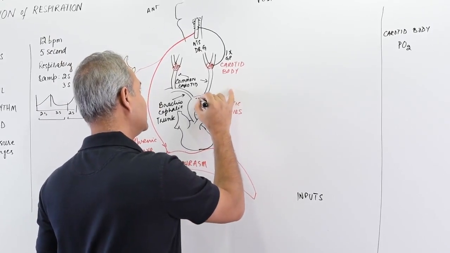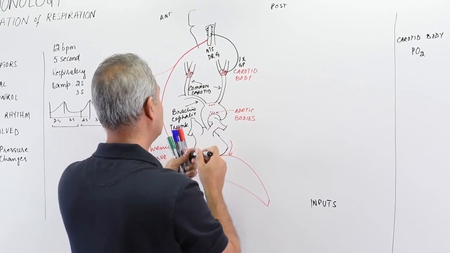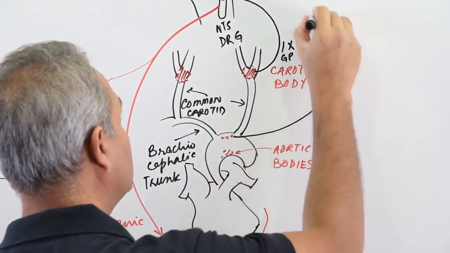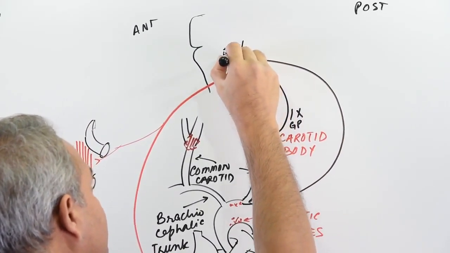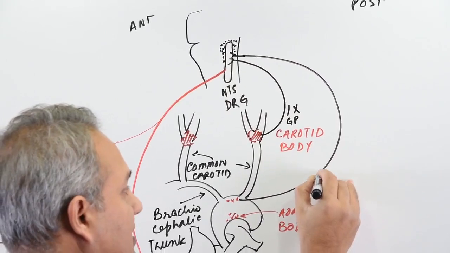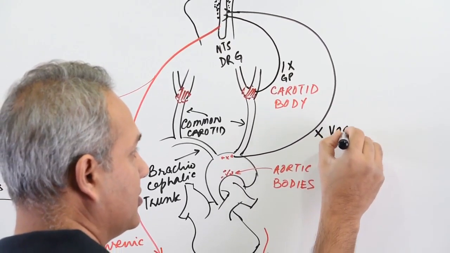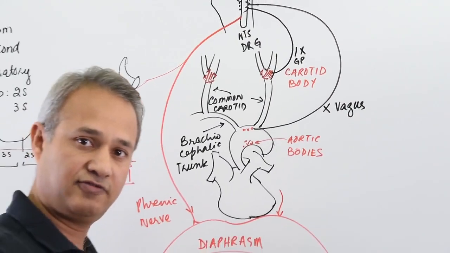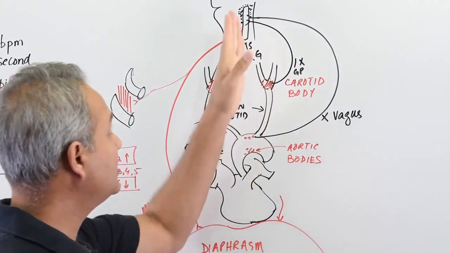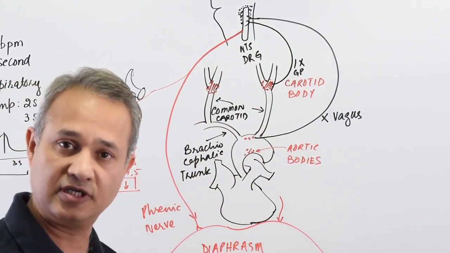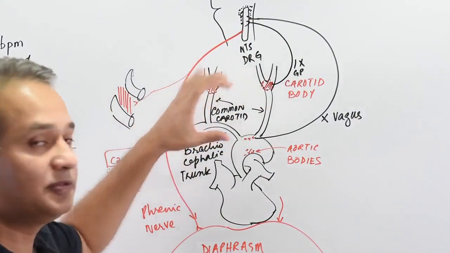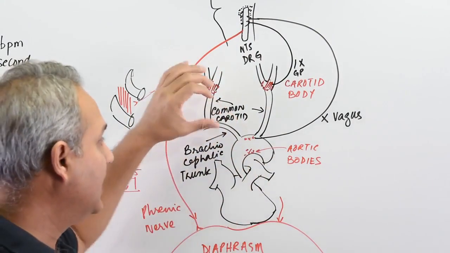This aortic body sends the impulses up through which nerve? Nerve number 10, the vagus nerve. For both the vagus nerve and the glossopharyngeal nerve, the sensory relay is the nucleus of tractus solitarius or dorsal respiratory group. Now, please keep this in mind, write it down somewhere.